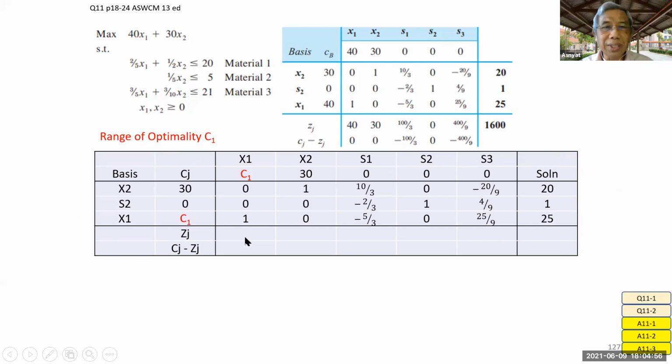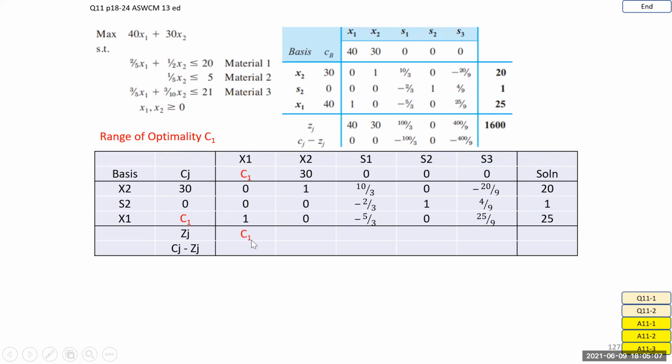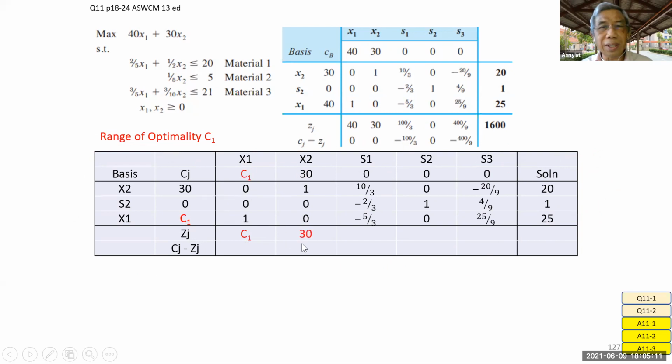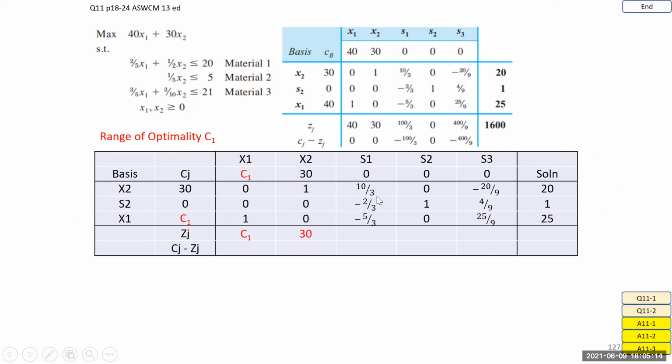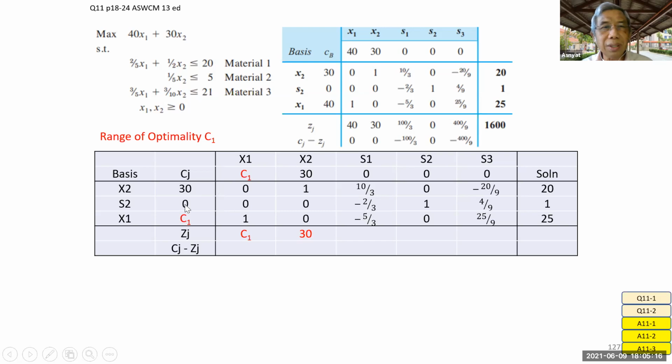So now let's calculate Z. Just now brother was saying C1 over here. What do you get here? 30 times 0 plus 0 times 0, plus C1 times 1, you get C1. This side, you get 30. And here you see the common denominator. Look at this 0, so we are not going to use this. Here the common denominator is 3.